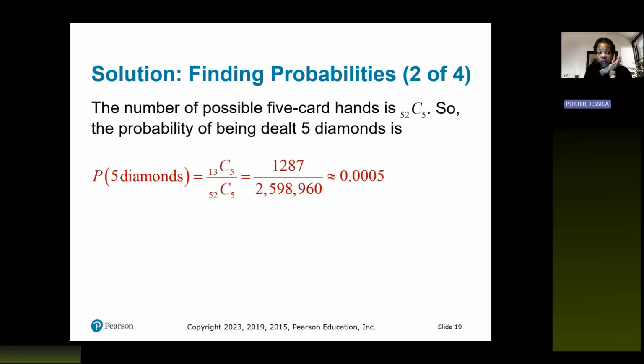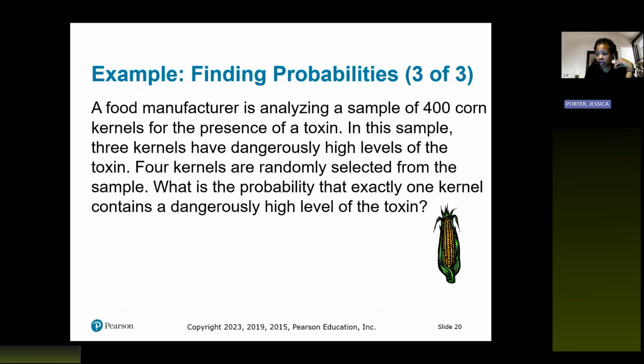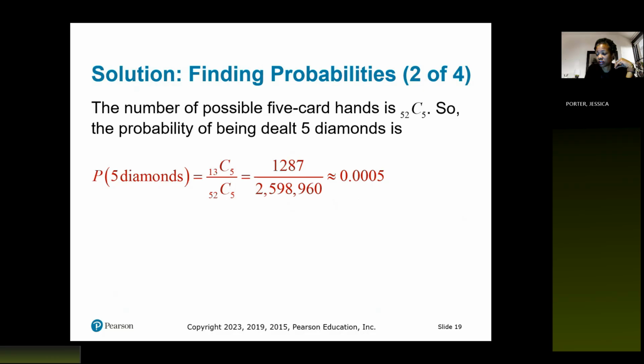There are 52 cards in the deck. And if you choose 5 at a time, you get this big number, the 2,598,960 number. But because for the diamonds there's only 13 and you're choosing 5 of them, that's what becomes your numerator for this probability. Does this make sense?